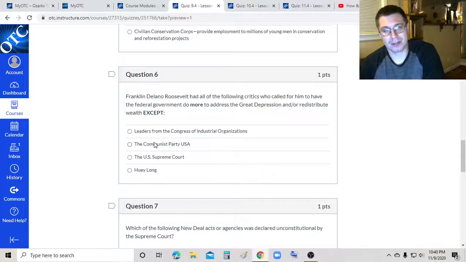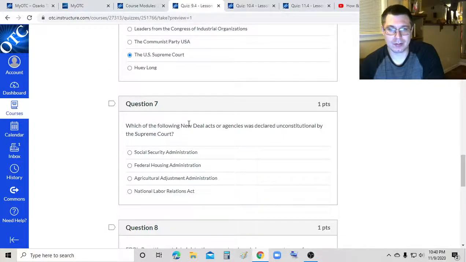The Communist Party, they did want him to do more. Huey Long also wanted him to do more. The exception is the U.S. Supreme Court that thought he was already doing too much and was overstepping his constitutional powers through things like the National Recovery Administration, the Agricultural Adjustment Act, just to name a couple.